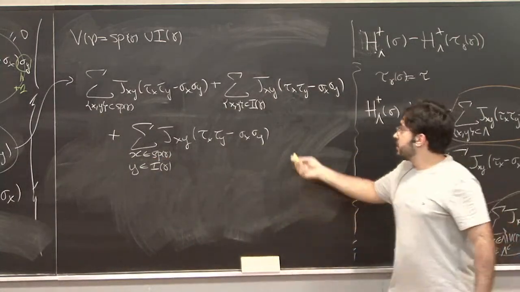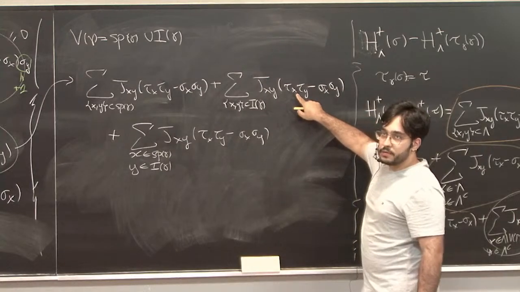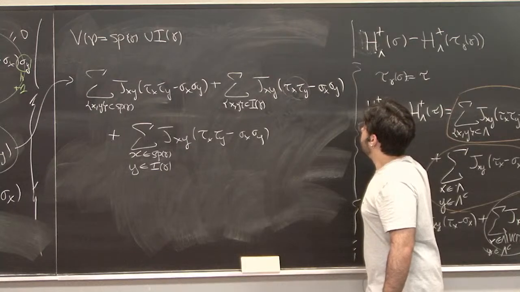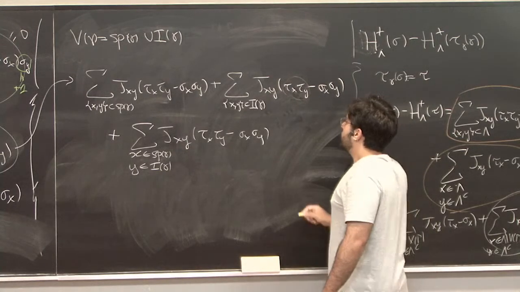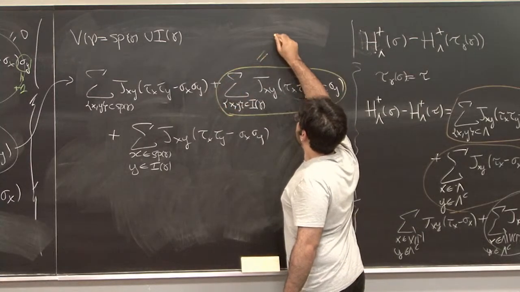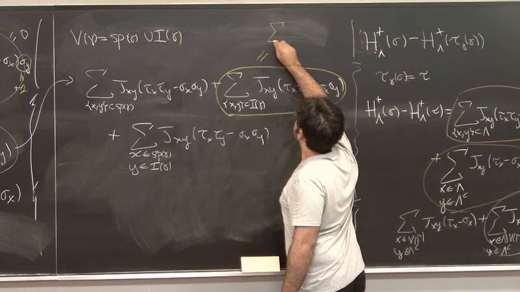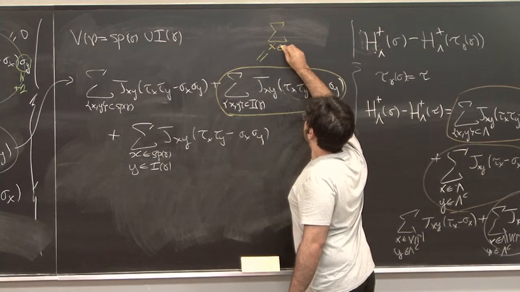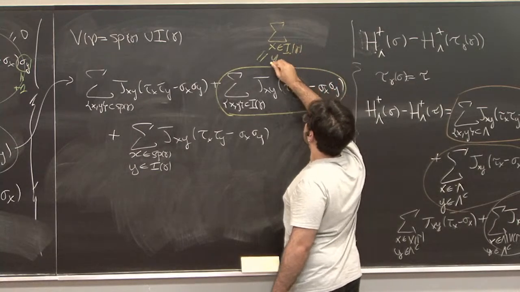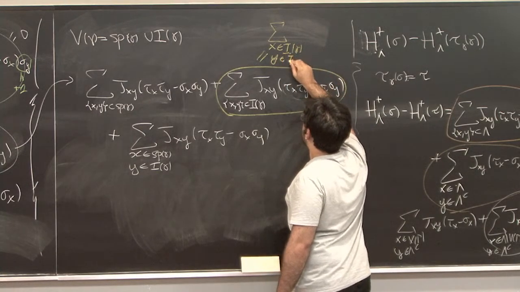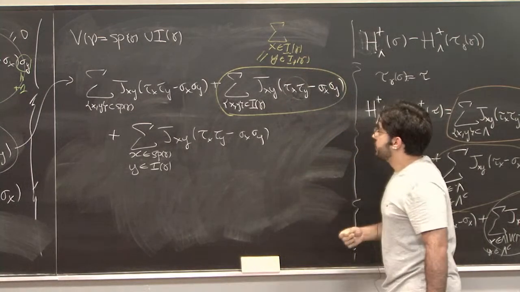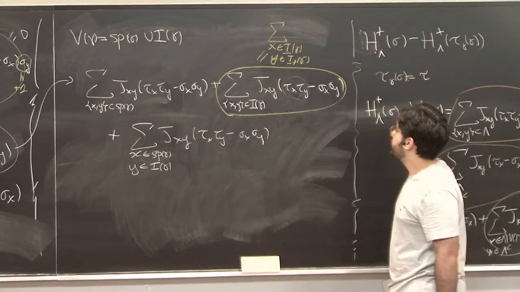So this implies that the spin part will be the same value. So this quantity will be equal to the sum over x inside the minus interior, y inside the plus interior. This is the only region where I have both signs changing.